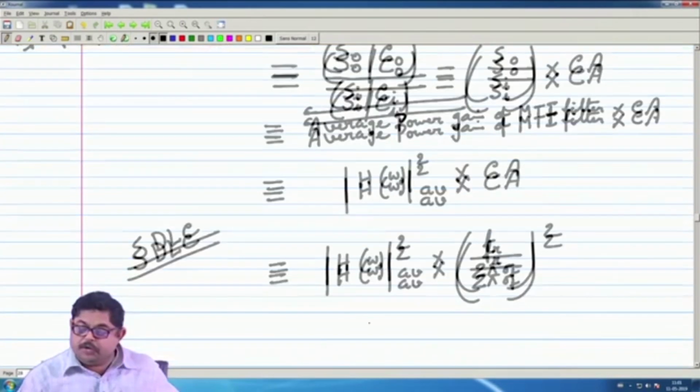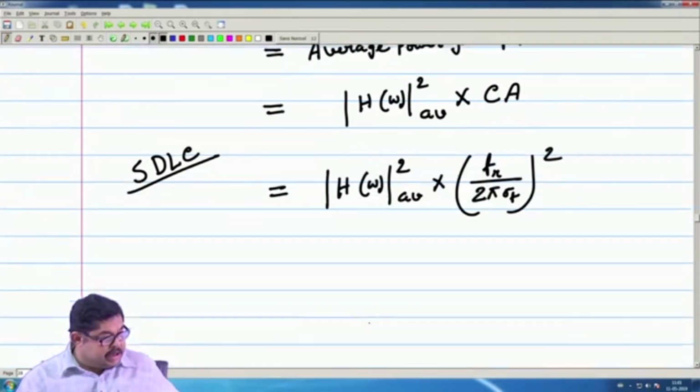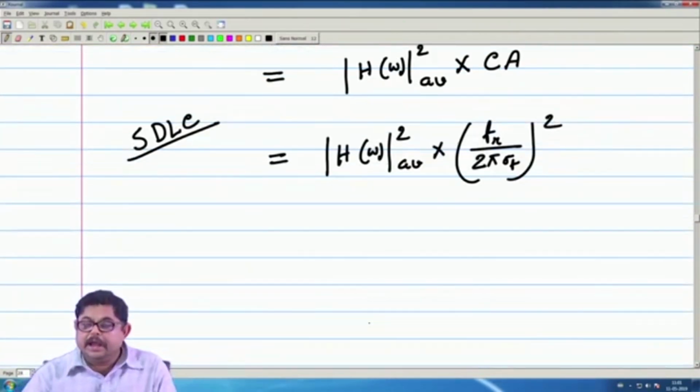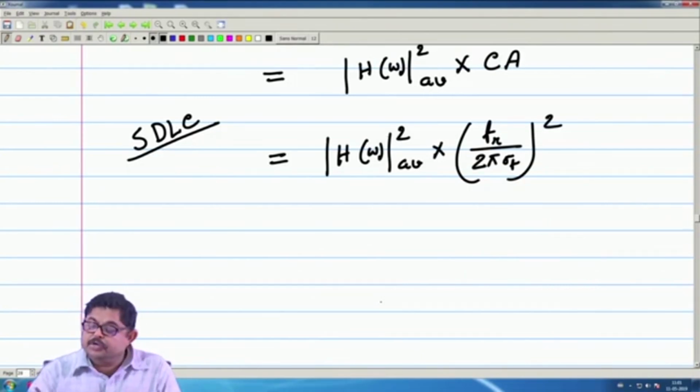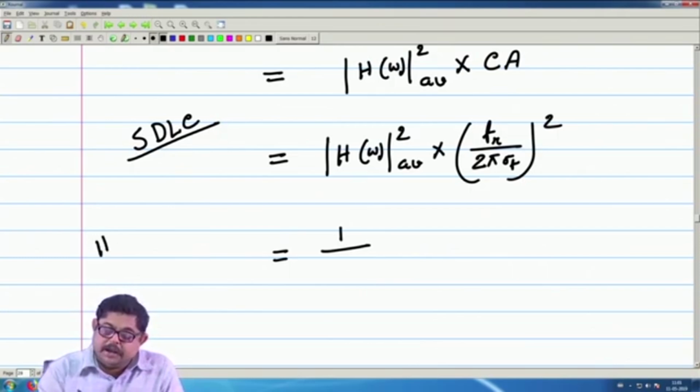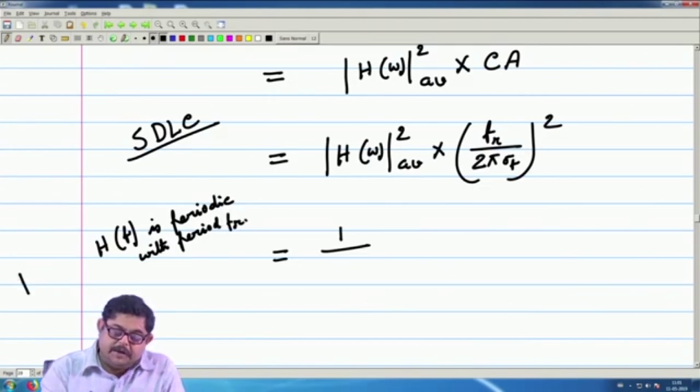We know that in a pulsed MTI radar, H omega or H f is periodic with period f r. This is for a pulsed radar.